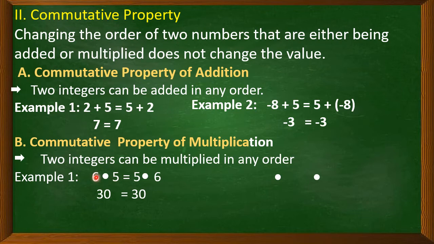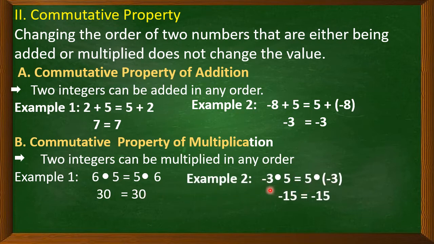Changing the order does not change the value. 6 times 5 is 30, while 5 times 6 is also 30. Example number 2. Negative 3 times 5 is just the same as 5 times negative 3. Both of them will have a product of negative 15.